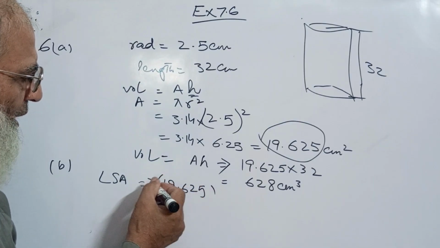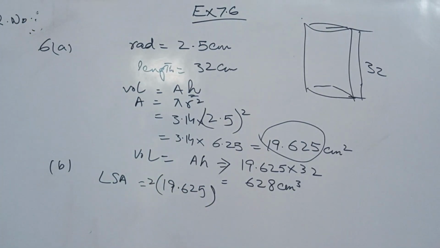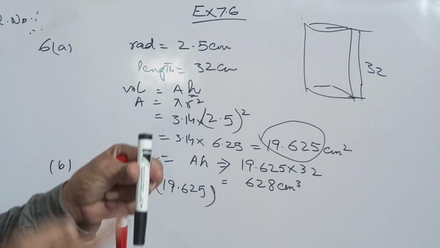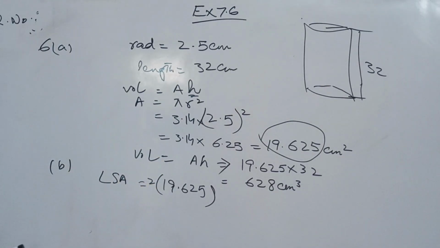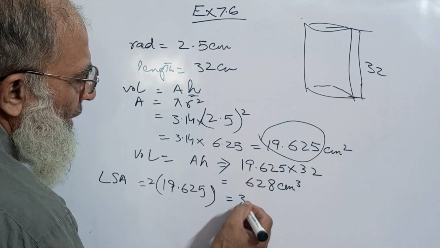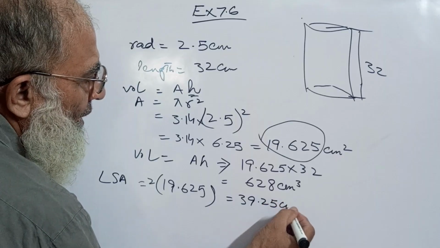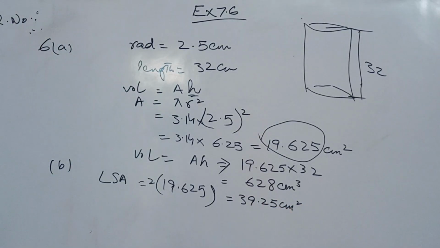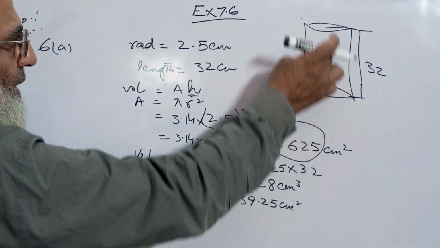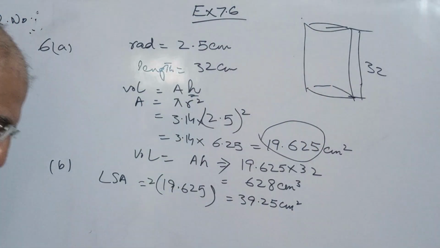Now it has to be multiplied by 2 because there are two faces, this one and the other one. So 19.625 multiplied by 2 is 39.25 centimeter square. This is the area of this circle and this circle, the top and the bottom.